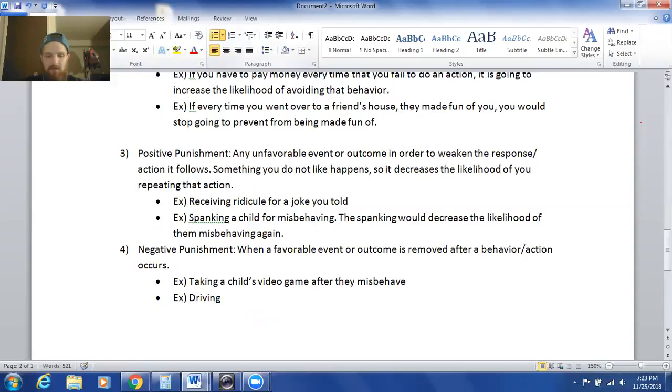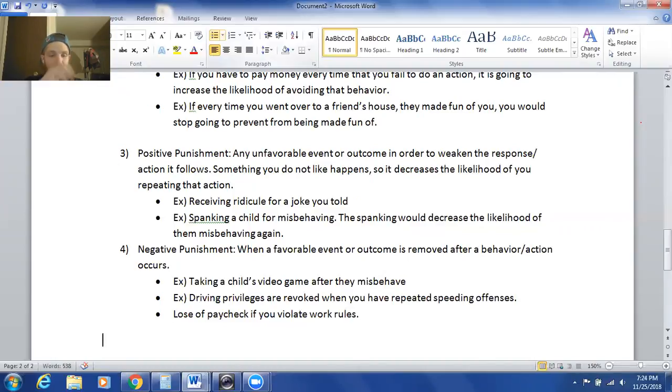Another, driving privileges are revoked when you have repeated speeding offenses. And then loss of paycheck if you violate work rules.